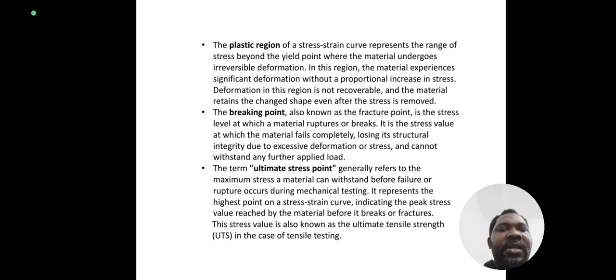In this region, the material expresses significant deformation without a proportional rise in stress. Deformation in this region is not recoverable, and the material retains the changed shape even after the stress is removed. So when you remove the stress, the material still retains its shape. It doesn't go back to its original shape. So that's how to say a material is plastic.